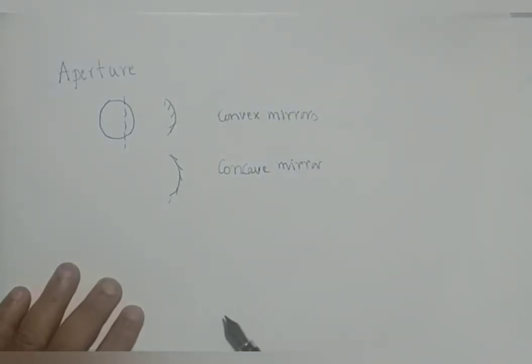So these are the two types of spherical mirrors. Once again, a spherical mirror is a mirror obtained by taking a part of a sphere. Once the outside surface is reflecting, that is called a convex mirror. Once the inner surface is reflecting, that is called a concave mirror.